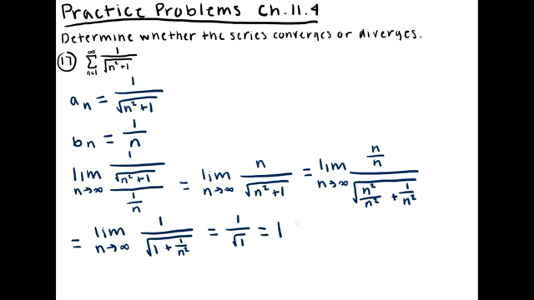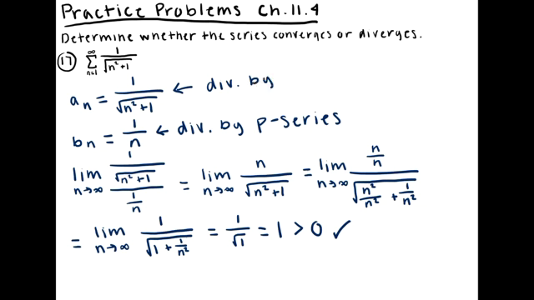Again, this is greater than 0, so you know that you can use the limit comparison test. So then your b of n is going to diverge by p-series. So then you know that your a of n will diverge by limit comparison.